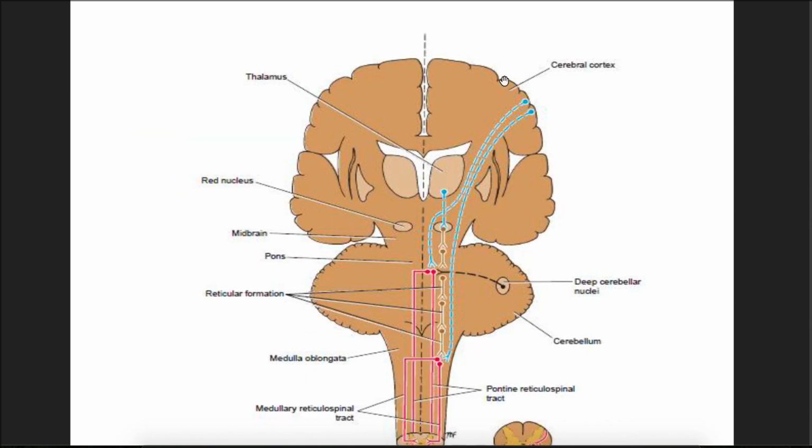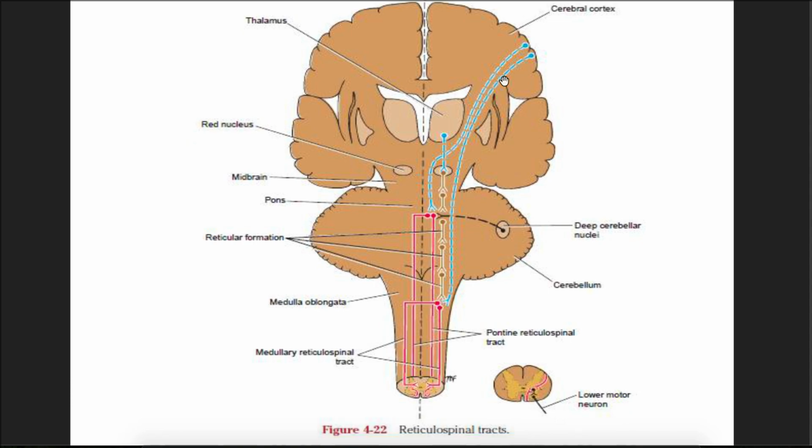Now, this is a picture of what I am talking about. You have reticular formation at all these levels. You see medulla, pons, midbrain. And if you see here, just follow what I was trying to tell you. For example, you have all this reticular formation, these brown dots and lines.